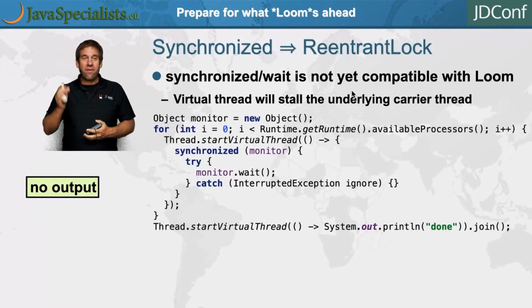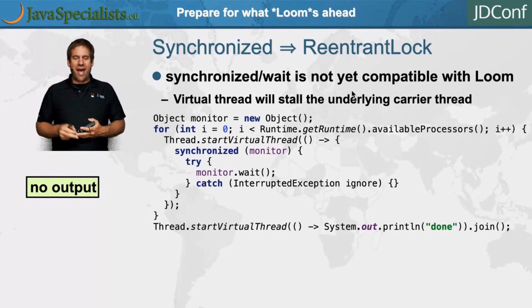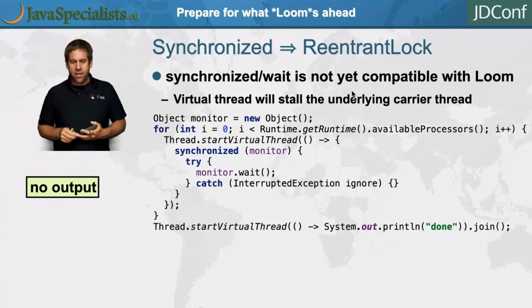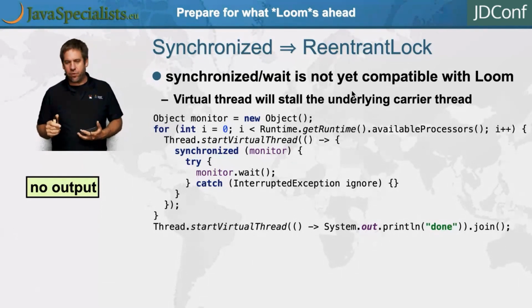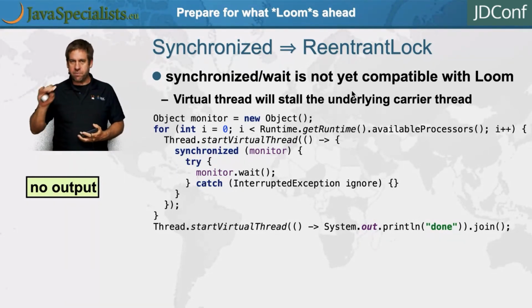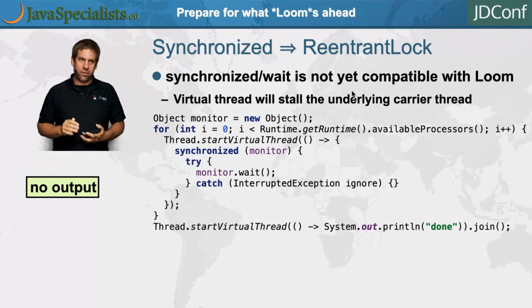I don't know. Anyway, something to remember is that at the moment, synchronized wait is not yet compatible with Project Loom. What will happen is that the virtual thread will pin the underlying carrier thread and won't allow it to be swapped out. This happens specifically if you call a native method whilst holding a lock. And monitor.wait is a native method, therefore synchronized with wait is at the moment not going to work.